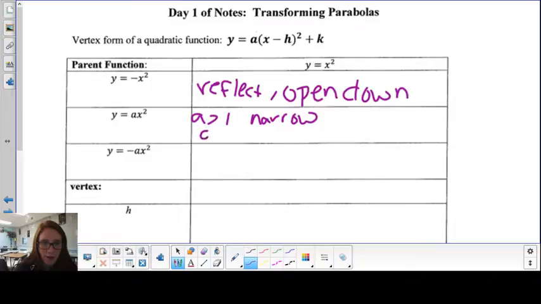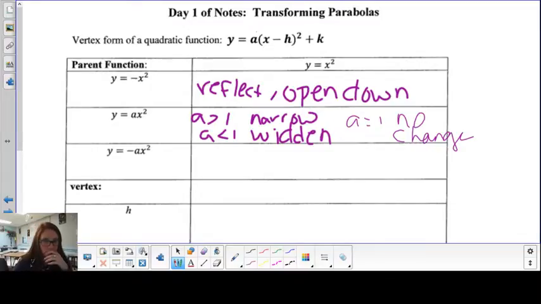If my a is less than 1, it's going to widen. And if it equals 1, there's no change. The same thing is true for the next one above, but on top of it, it's going to reflect. So it can reflect and narrow, or reflect and widen, or just reflect.